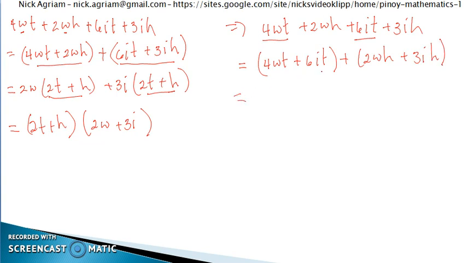The common factor between the first two terms is 2T, so 2W plus 3I.